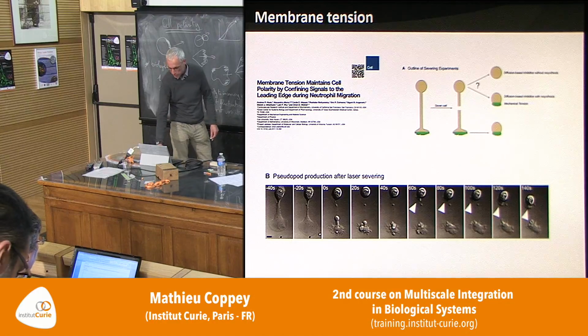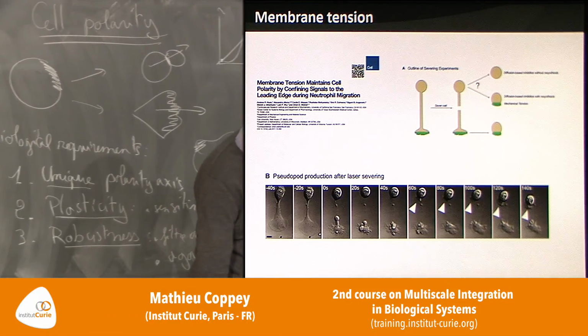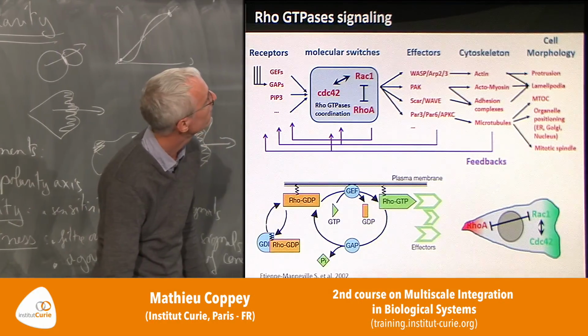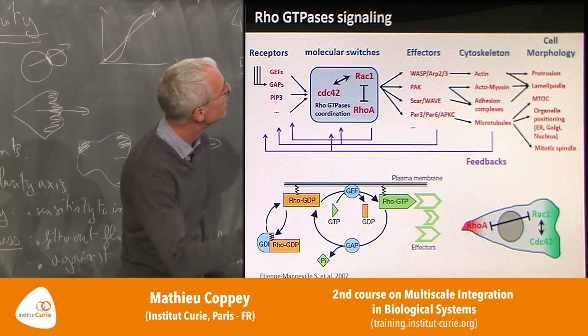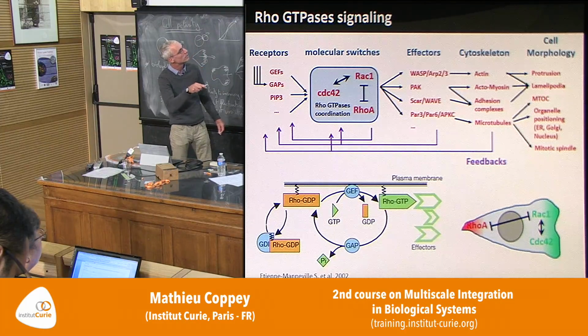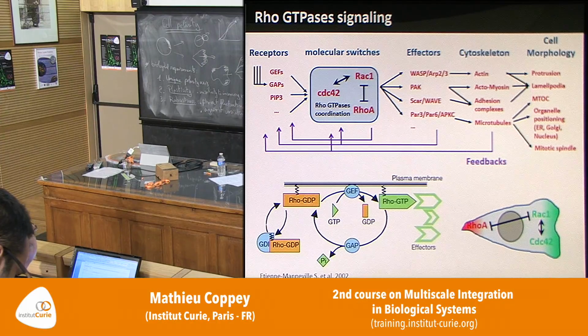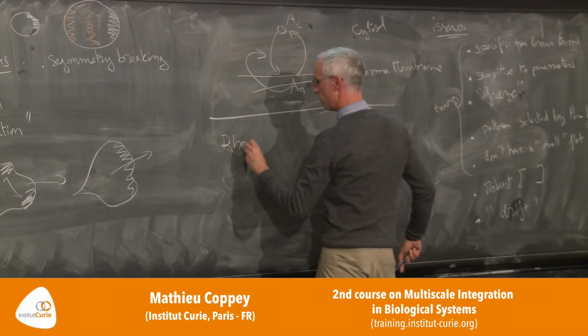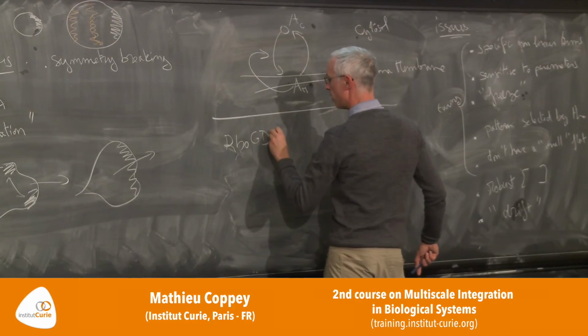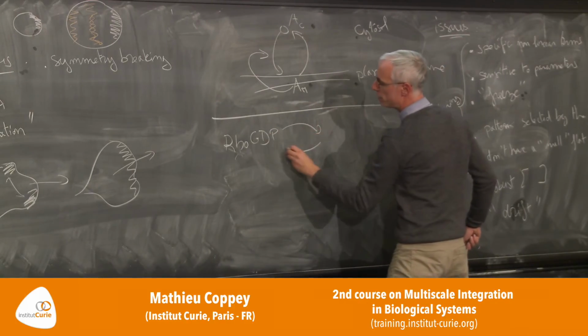What we propose for that is based on the Rho GTPases. I will go fast on that. Don't look at everything, it's very complicated. Just look at this image here. The Rho GTPases are small molecules that are either in the GDP form or in the GTP form.